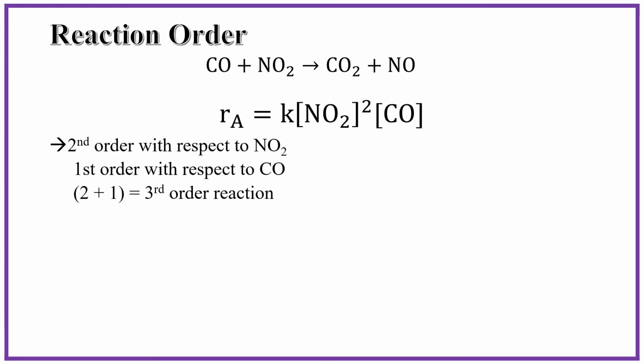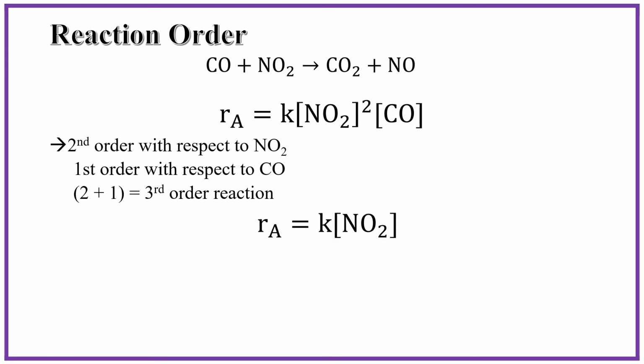The reaction is second order with respect to nitrogen dioxide because of the exponent of nitrogen dioxide. It's 2. It is first order with respect to carbon monoxide because even though there is no exponent shown, just like in algebra we assume a 1. The overall reaction order is 3 because 2 plus 1 is equal to 3.